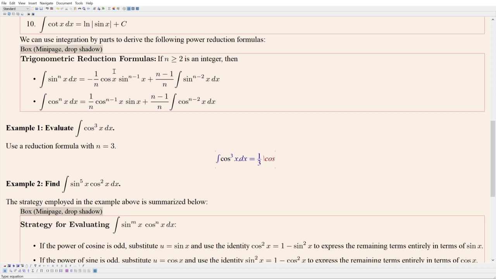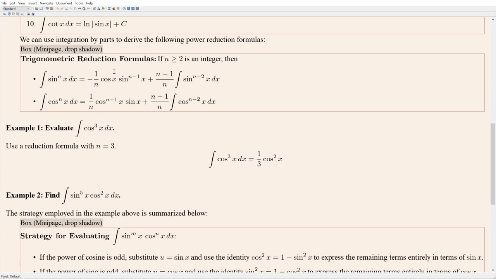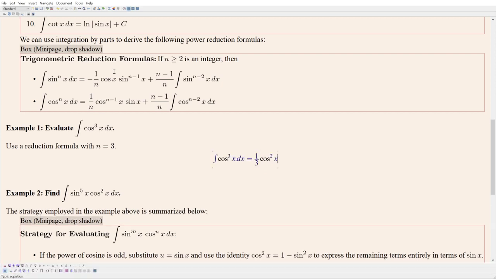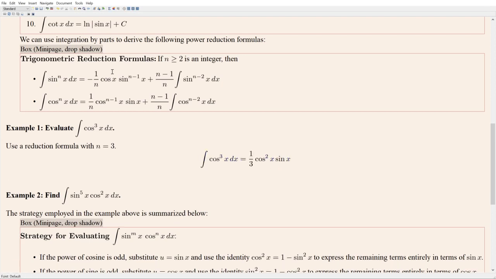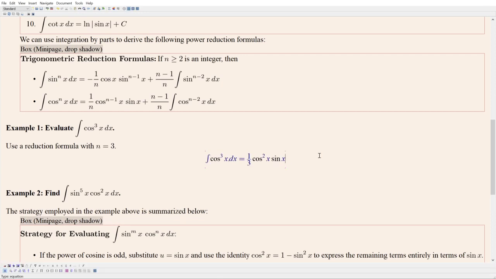Cosine to the n minus 1, so that would be 2, x. Sine x. Yeah, so that's just sine x there. Plus n minus 1 over n, so that's 2 over 3. Integral cosine n minus 2. So 3 minus 2, that would just be 1.